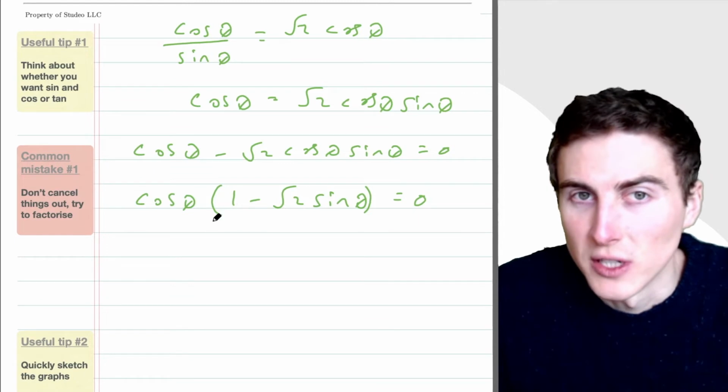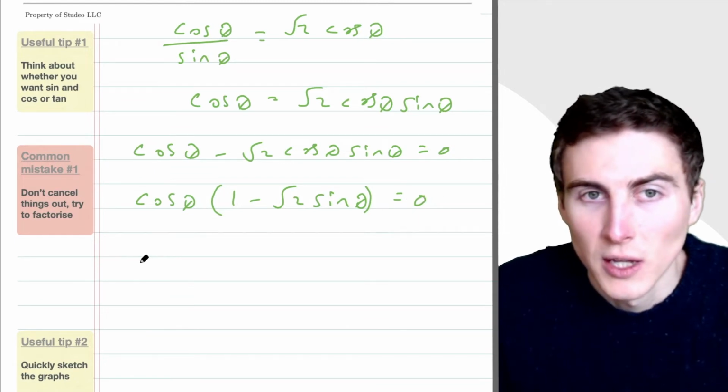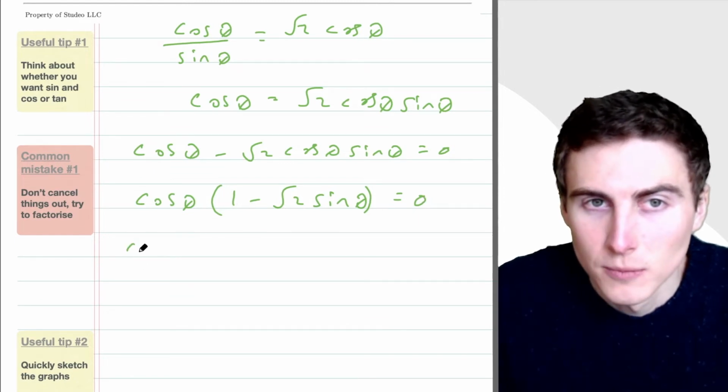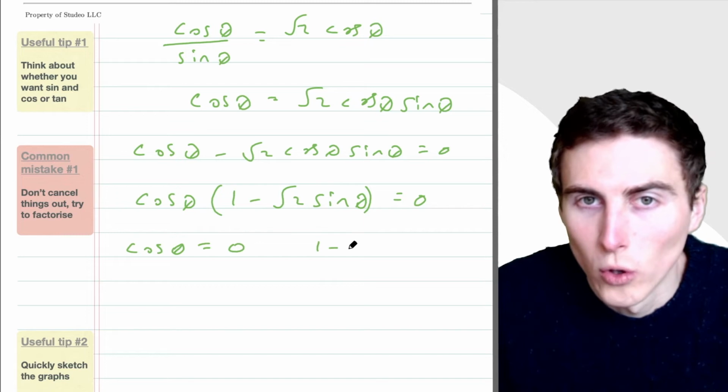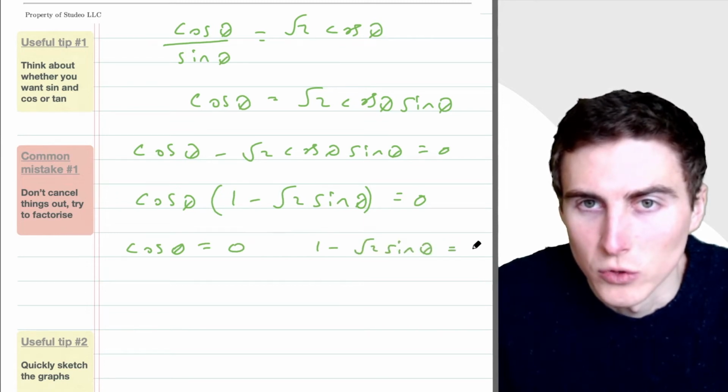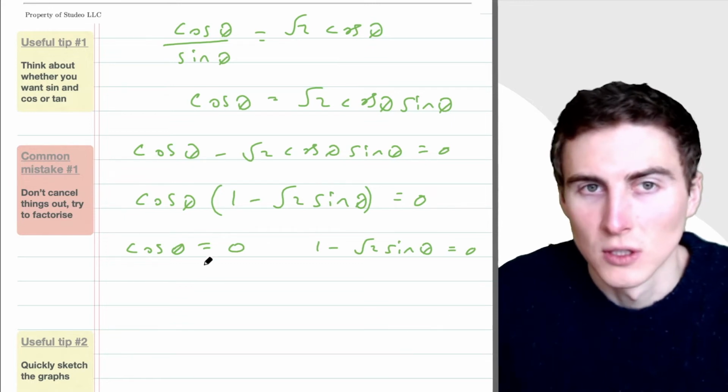If this expression has to equal 0, then we know that either cos theta equals 0, or 1 minus root 2 sine theta equals 0. It has to be one of those things.